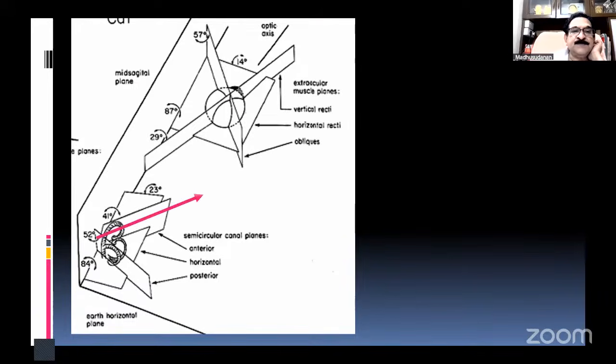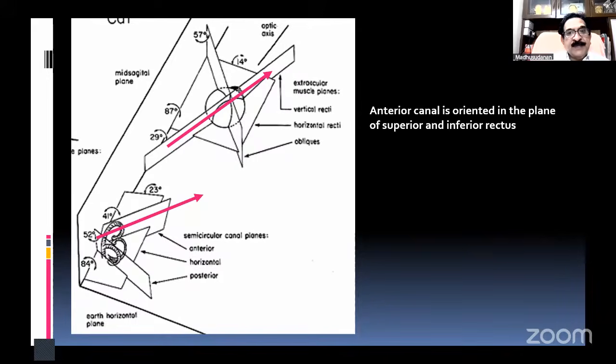See, this is the posterior canal, and this is the anterior canal on the same side, on the right side. That corresponds with the direction of action of the superior and inferior rectus. That's why anterior canal movement will produce movement in that plane. So the anterior canal is oriented in the plane of the superior and inferior rectus.